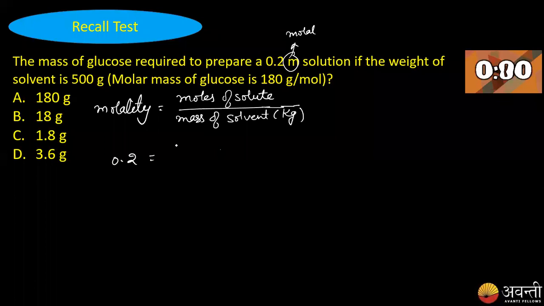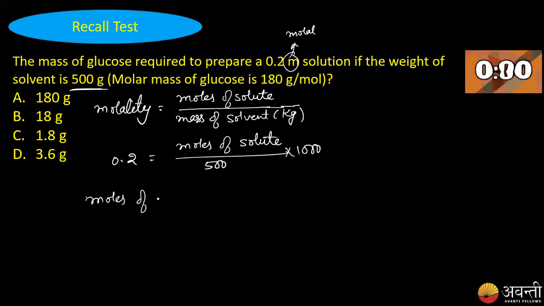Moles of solute is unknown, so let's keep this as moles of solute. Divided by mass of solvent, which is given as 500 gram. So 500 gram is equivalent to 0.5 kg. If this is 500 gram, we have to divide by 1000 here. So from there we can get moles of solute, that is glucose.